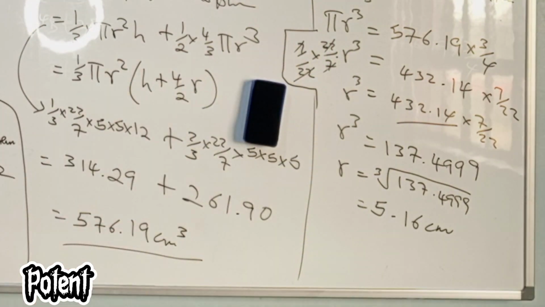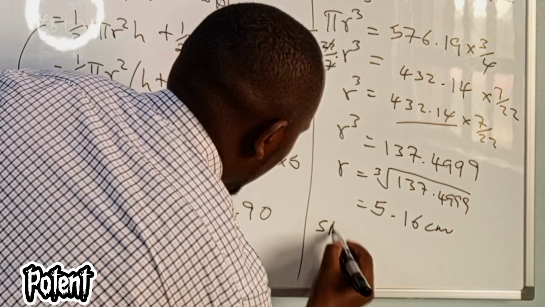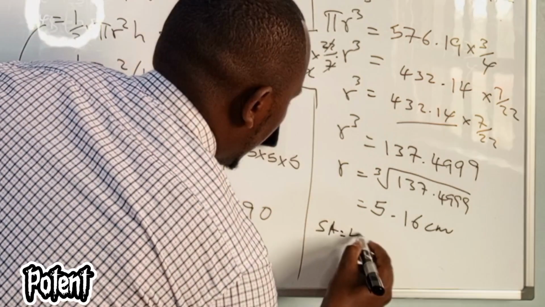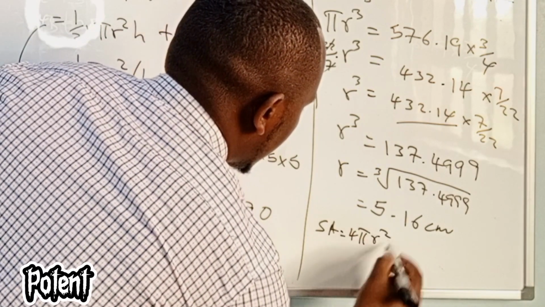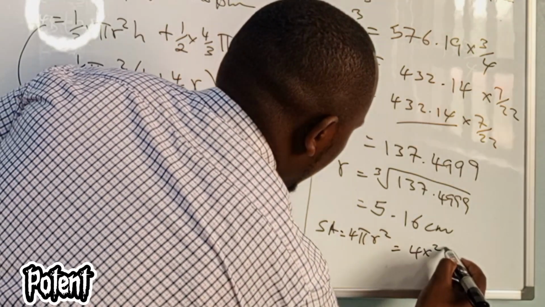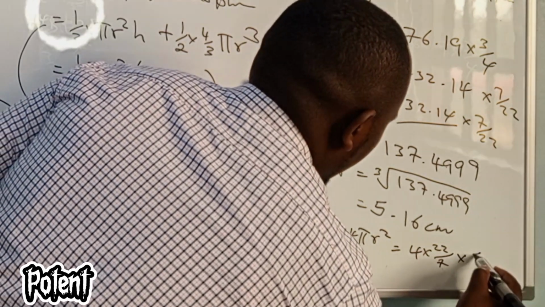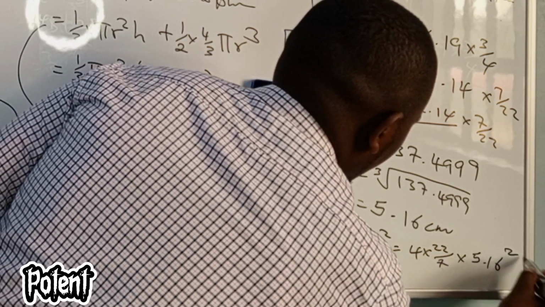And what do we want to find? The surface area, okay? Now, surface area is equal to 4 pi r squared, which is 4 times 22/7 times 5.16 squared.